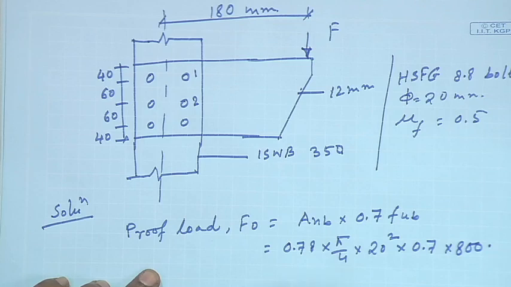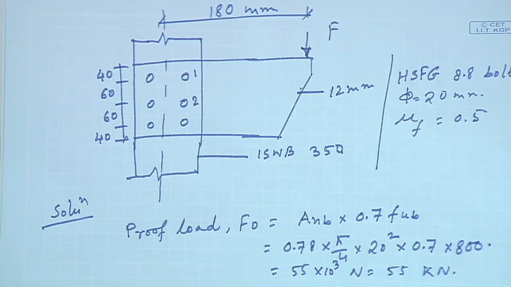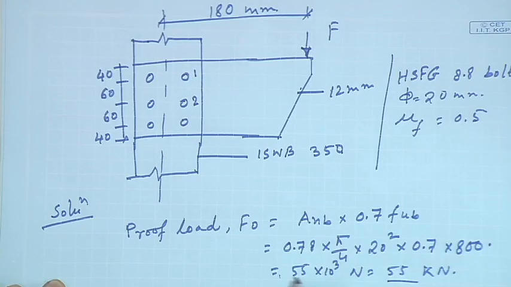So, proof load is coming 137 kilonewton.